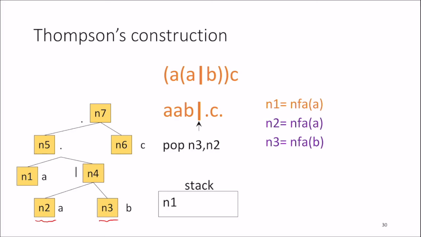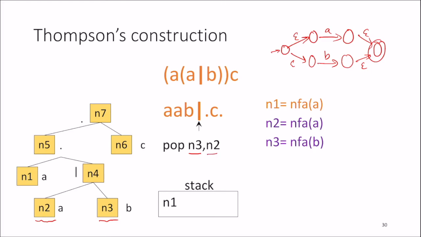Just to remind you, if I had an A and a B and I wanted to create A or B, I would create this more complex NFA by just adding these epsilon rules, making this the final state and this the start state, right? So when I want to process this alternation, I would take N3 and N2, which are these 2 NFAs, and then create a bigger NFA.